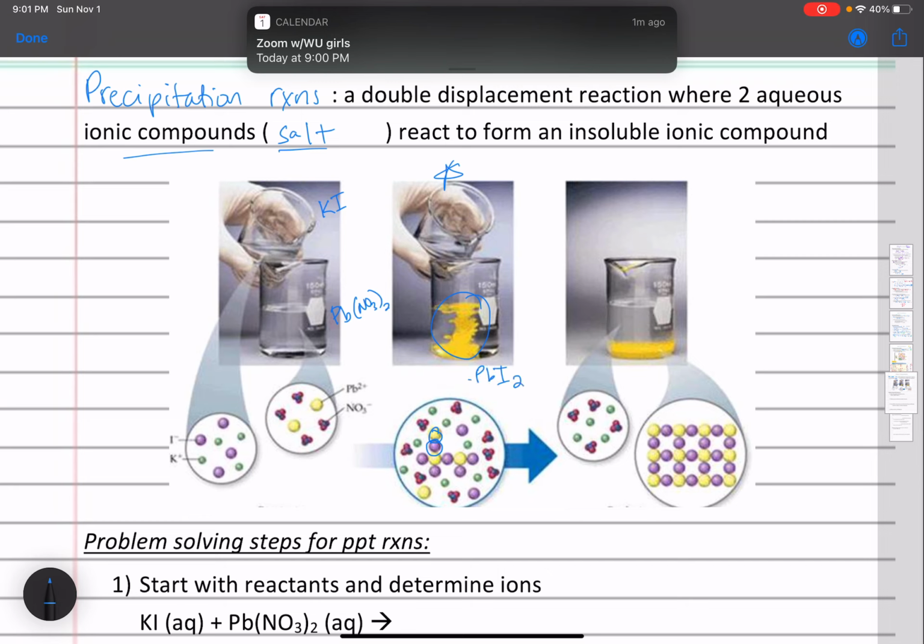That's what is forming this solid precipitate. You'll notice that the nitrate and the potassium ions stay in solution, and the solution above it stays clear, but the lead iodide will precipitate out.